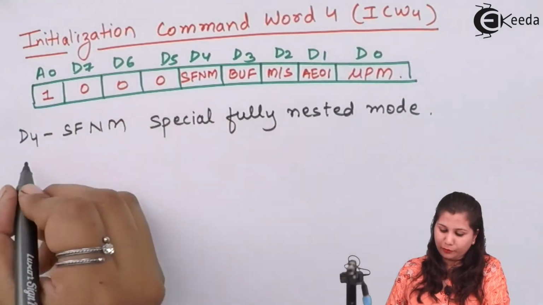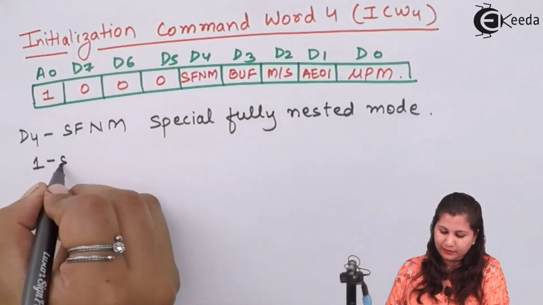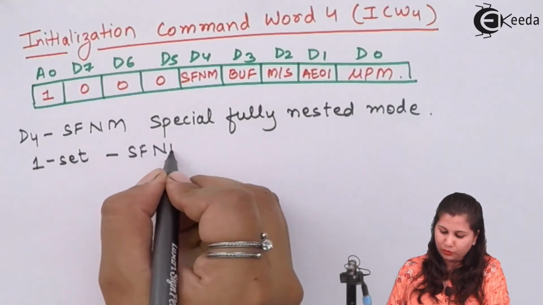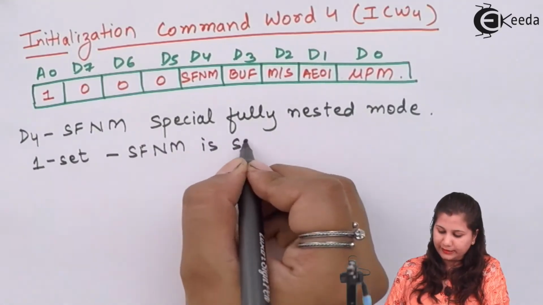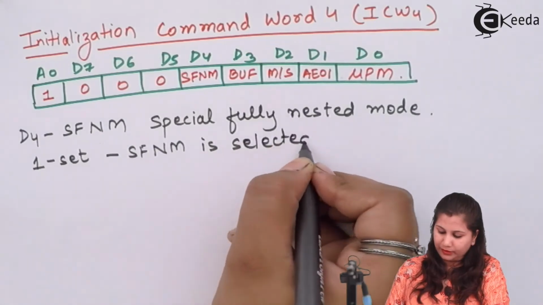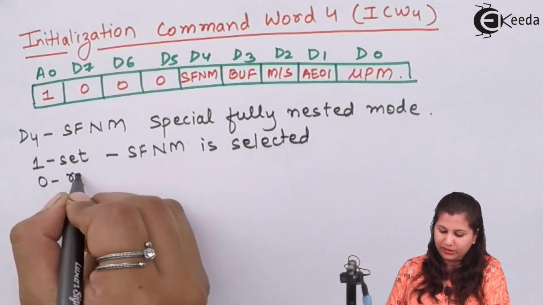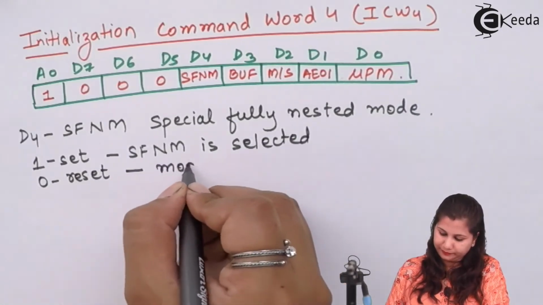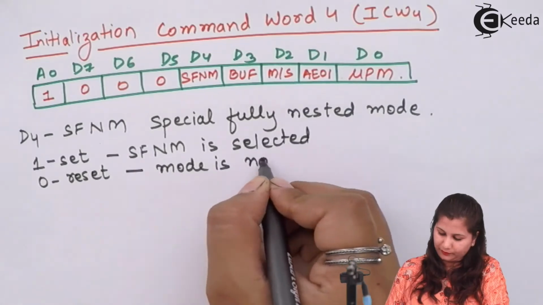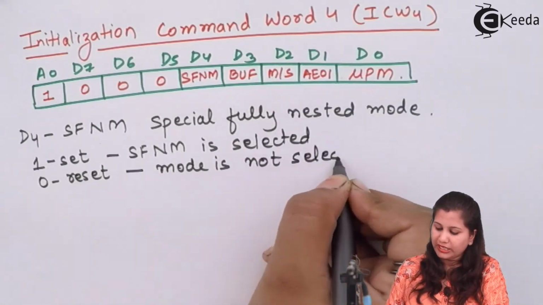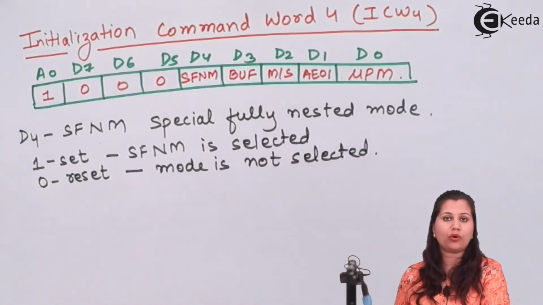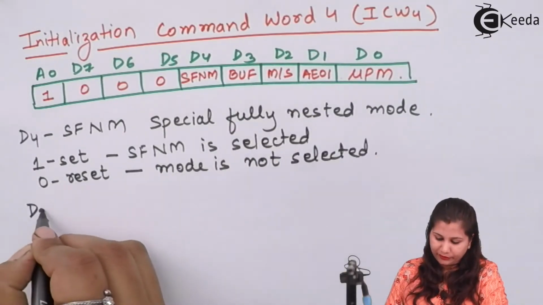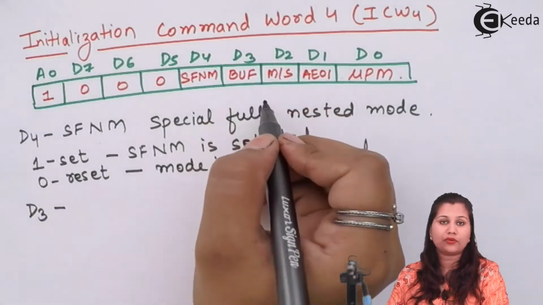So when this D4 bit is set, then the SFNM mode is selected. If it is 0, meaning reset, the mode is not selected. So it is used to select the special fully nested mode of operation of 8259. Then we have D3. This D3 is for the buffer mode.